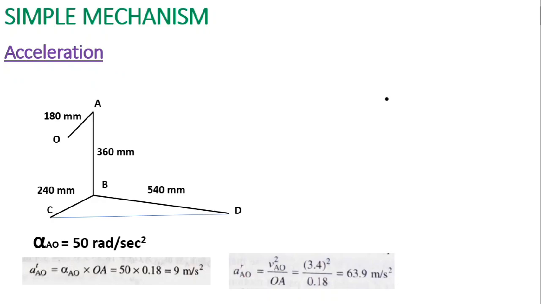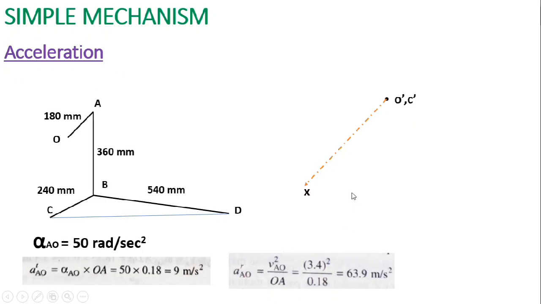So here is the procedure: choose points for the fixed points, that is O dash, C dash. Now the radial component of acceleration for OA will be along the link AO at 63.9 meters per second square. So using a suitable scale, you draw that acceleration vector.